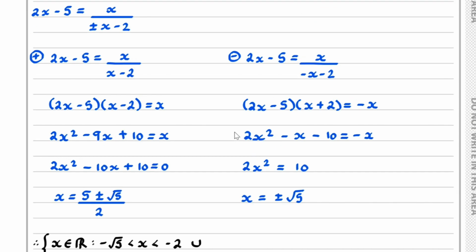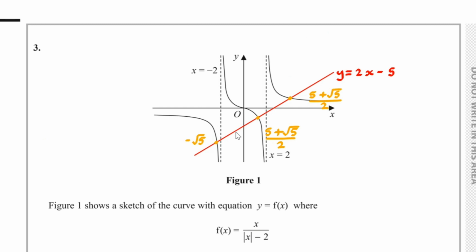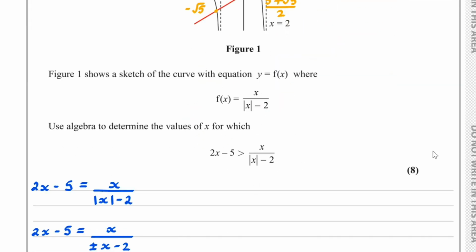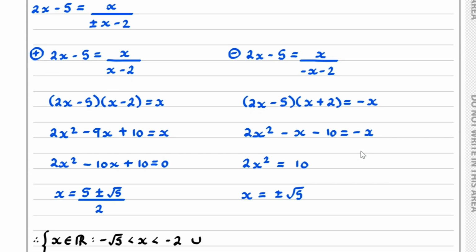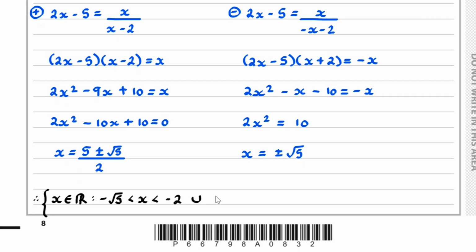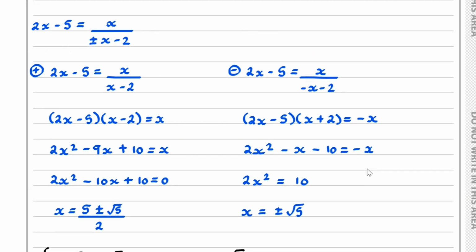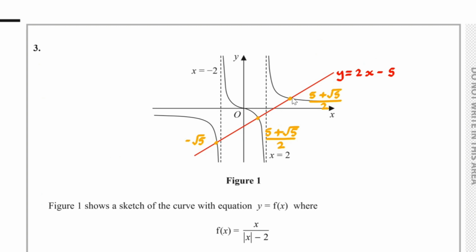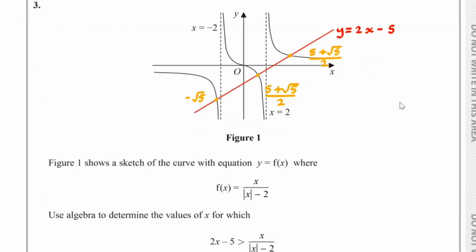Or we've got the region in between here and the asymptote. So the next region we've got is (5 minus square root 5)/2 being less than x being less than 2, or we've got the region beyond this point.